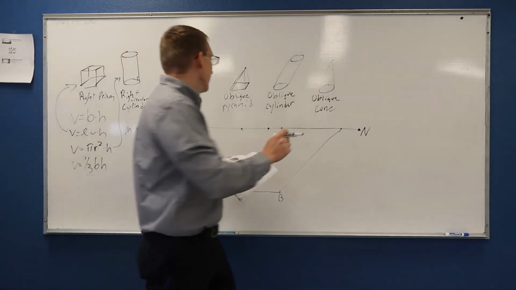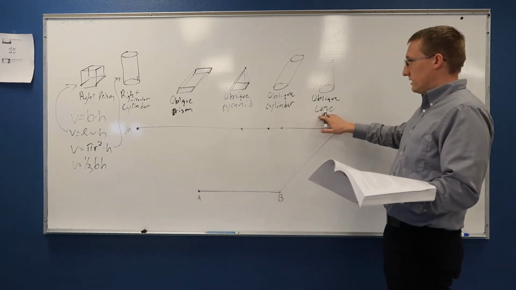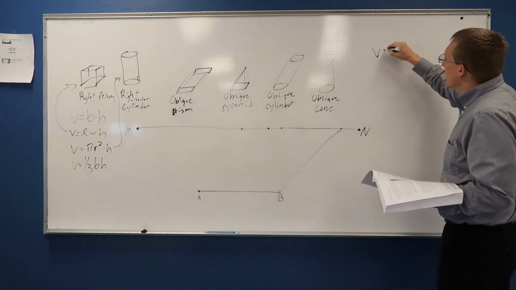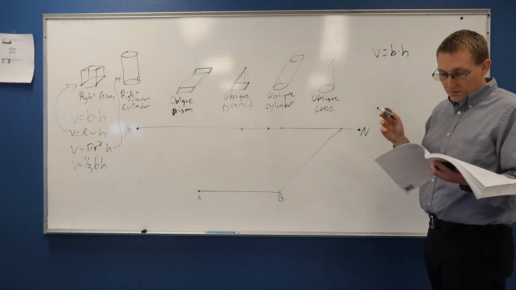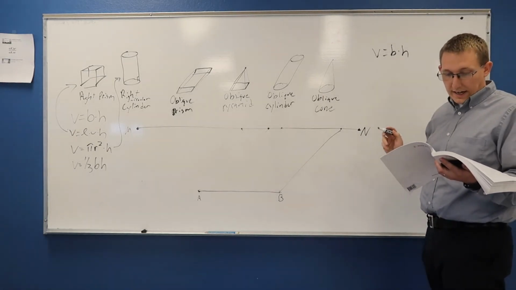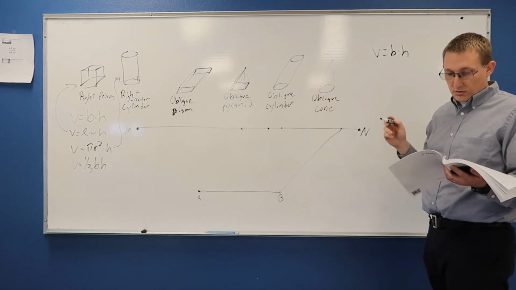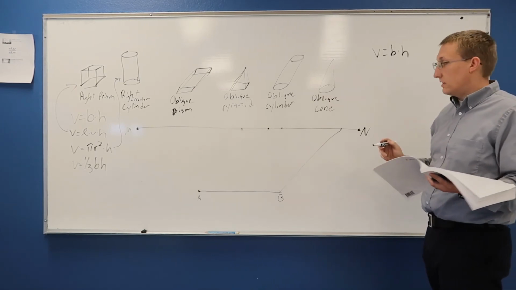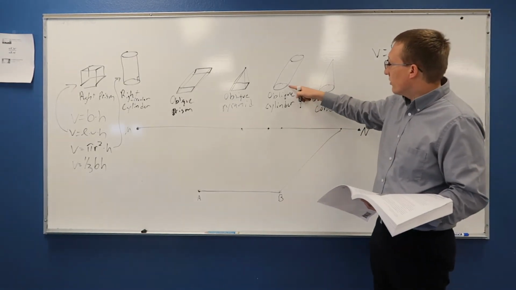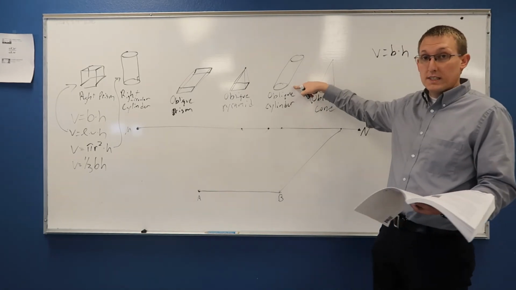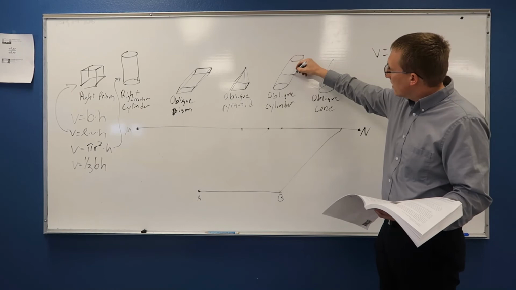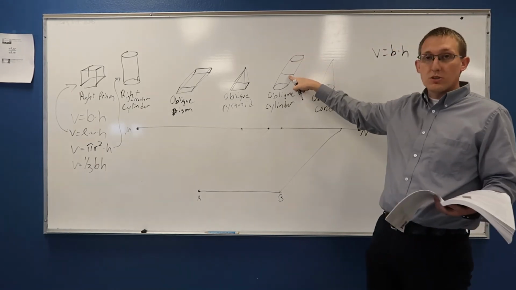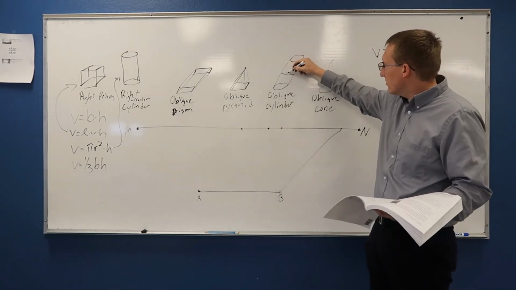So if we're looking at these, it says the volume is base times height with base equaling the area of the congruent cross sections parallel to the base. If we're looking here at this oblique cylinder, this is our base. That would be a congruent cross section.